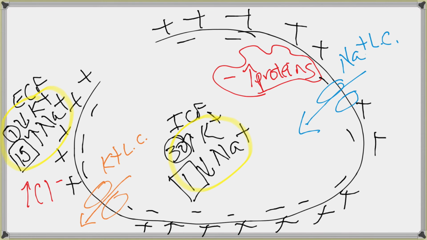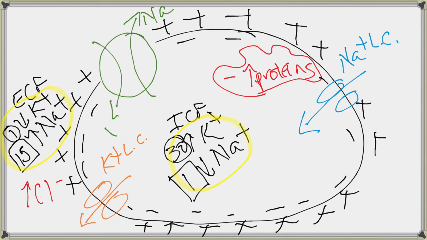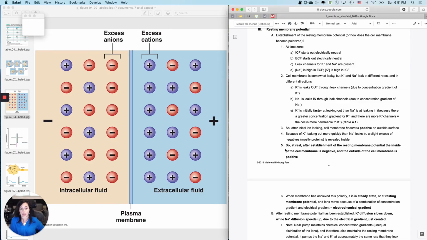The sodium-potassium pump could help me maintain this pretty much indefinitely. And I can continue to pump sodium out, potassium in, and use ATP for the pump. Okay, so this is at resting membrane potential, and this is what the cell is doing just by default. It's really, really working hard for something that's supposed to be at rest.